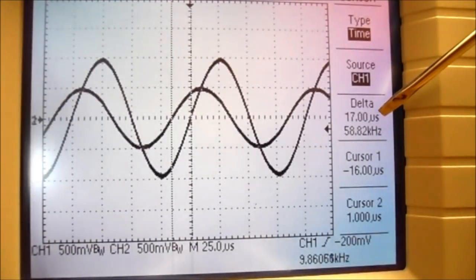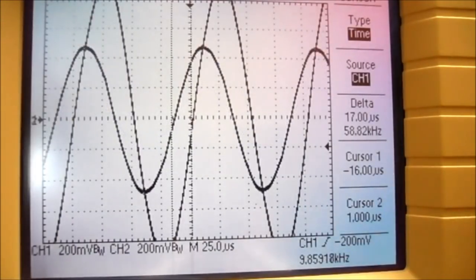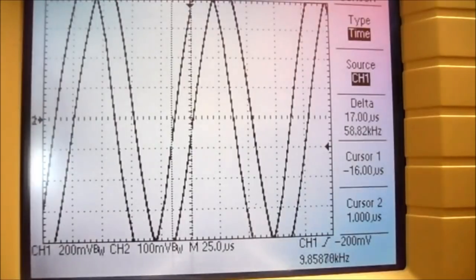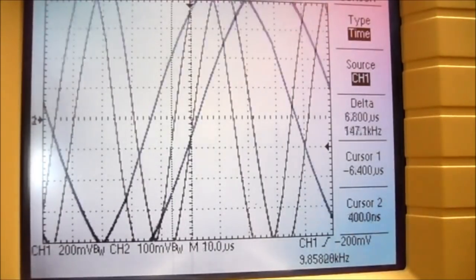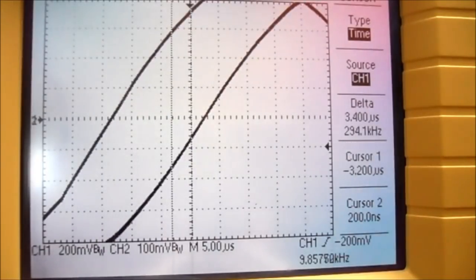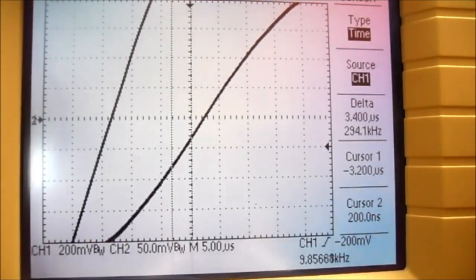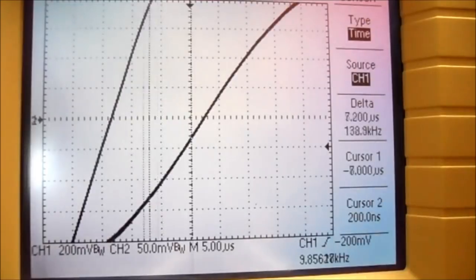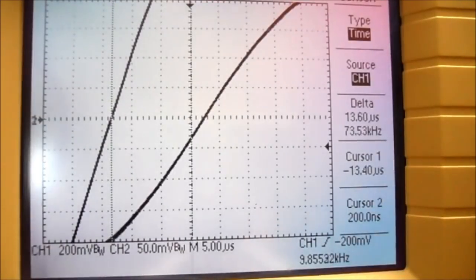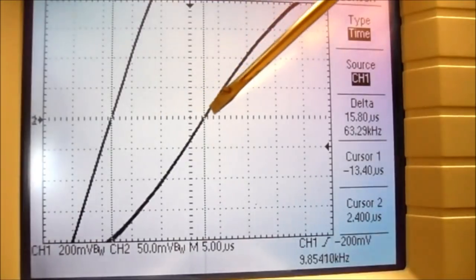To get more accuracy out of my phase angle, I'm going to increase the sensitivity on the volts per division until my waveforms are almost vertical. And then I'm going to change my seconds per division to open up the waveform, and then reposition my cursors so that they're going through the zero crossings.